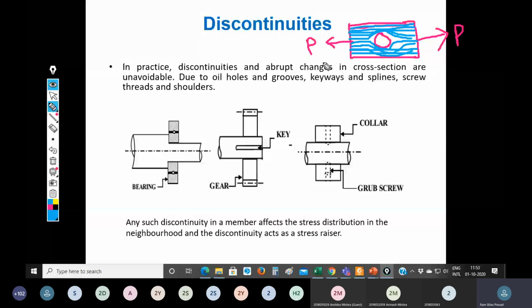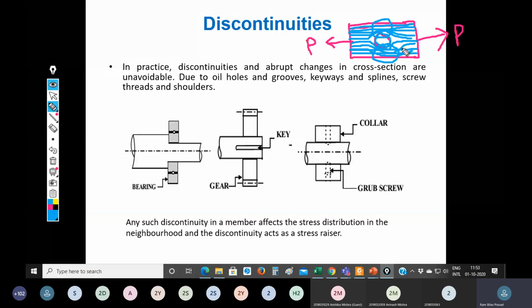It is like a flow of water. Suppose this is a conduit, and in this conduit there is an obstruction at the center, then what will happen? The water will flow, and there will be a change in the direction of flow of water, and in this zone the water concentration will be more.